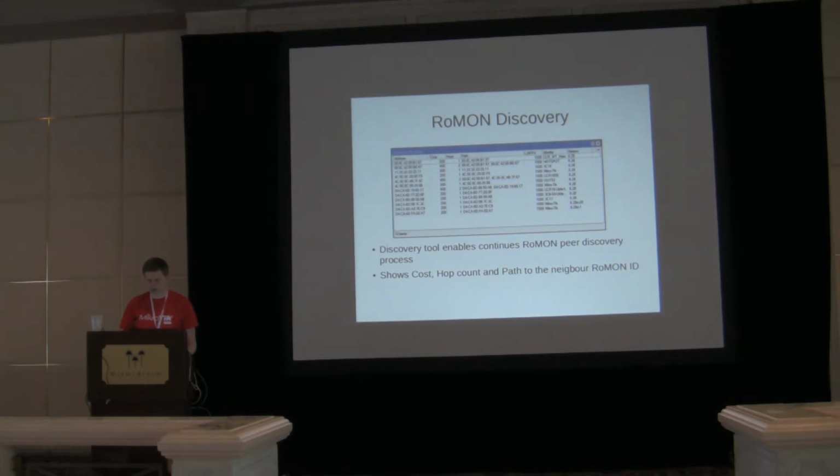Those are all the routers. You can see how many hops away they are. One hop means it's directly connected, and there are a few hops between otherwise. Of course, you can see the cost to get to that device, and you can see the path, through which RoMON IDs it will go to access that ID.